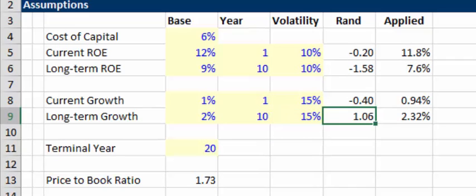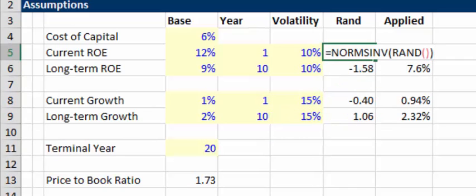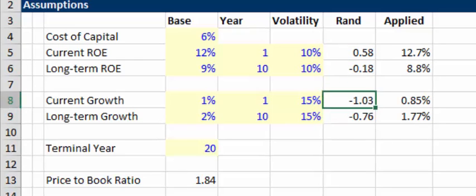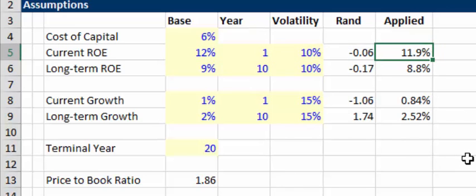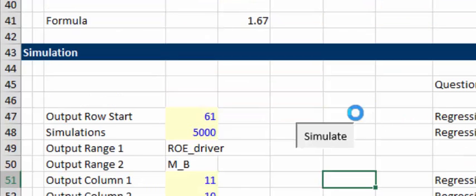After we put the volatility in, then we take the inverse of the standard normal and put a random against it. This is how we're going to magnify this standard normal thing, and make it go up and down. So now every time I press Enter.